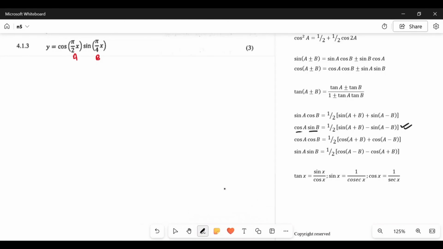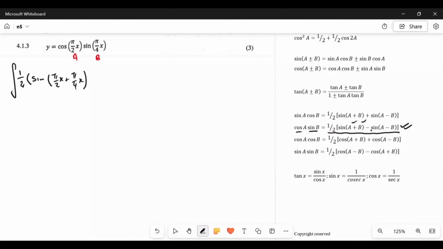So let's substitute. Remember, we need to introduce sigma there. So if you look at this here, it's supposed to be substituted. We have half, right? And then open bracket. We have sine(A plus B), but our A here is actually pi over 2 x plus B, which is pi over 4 x.